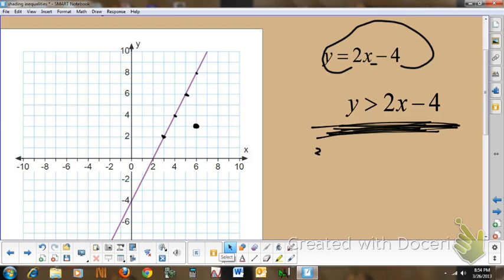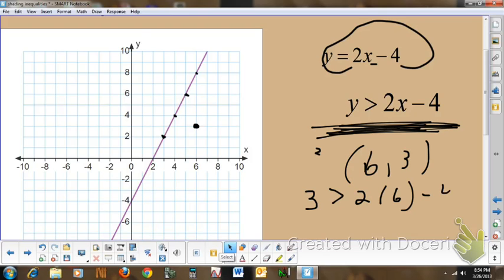So this point is 6 and 3. So let's test it. Let's put in the 3 for y, greater than, and put the 6 in for the x, so it's 2 times 6 minus 4. So we're going to say that 3 is greater than 12 minus 4. 12 minus 4 is 8. Doesn't work. So that point 6 and 3 does not work. So that's not part of the solution.